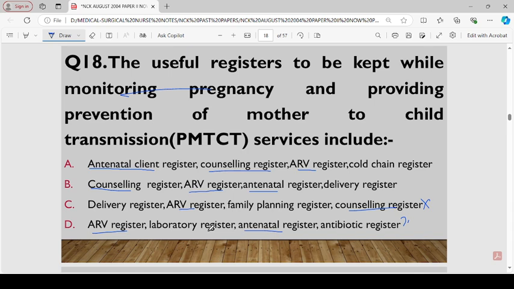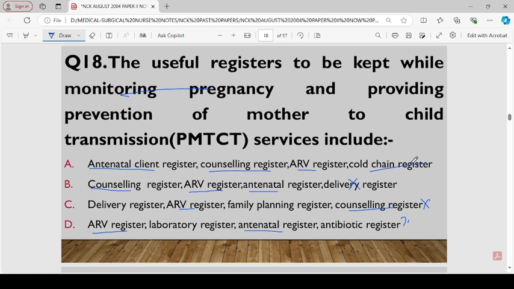From there, we can talk of the vaccines. When mothers are being monitored, they also need to be put on vaccines. So do we have vaccines here? Yeah, it's there. We have the vaccine register there. How about here? Delivery register. Delivery, we are still monitoring. We don't really need the delivery register, MOH 333, right? We don't need it at this point. We need it during labor and delivery, not now, right?